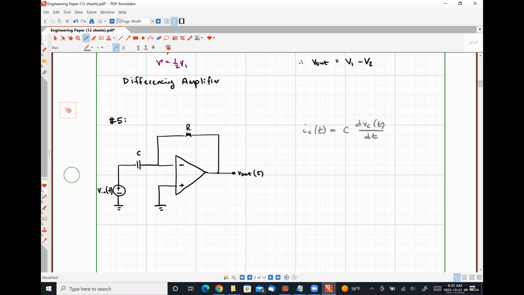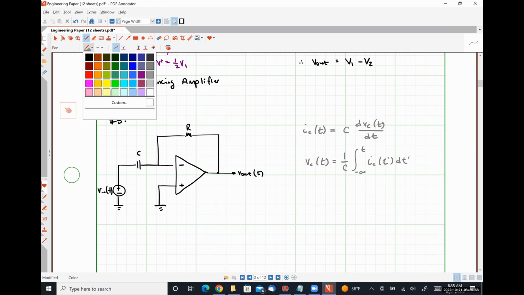And alternatively, we know that the voltage drop across a capacitor is given by 1 over C times the integral from -infinity to t of IC of t prime dt prime. I'm using this particular representation of the integral so that I don't have to think about what the initial condition does on the circuit. So it's purely just to make the math slightly easier, okay?